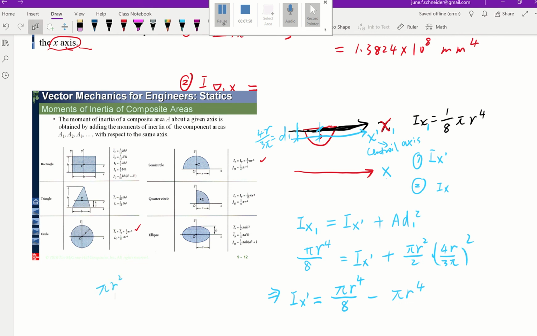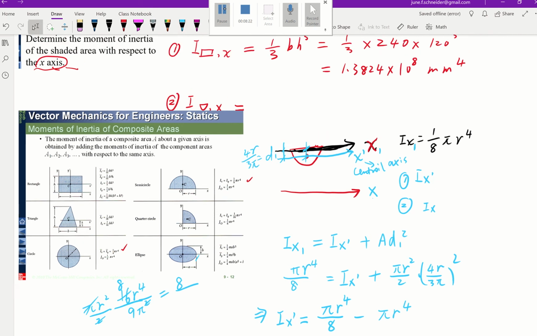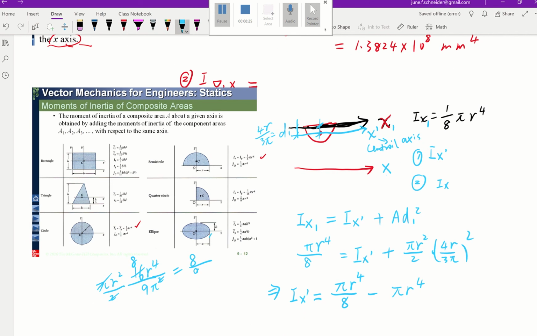So this is my πr² over 2, and here will be 16r to the 4th over 9π squared. Then π cancels out, then 2 cancels out, then we will have 8 over 9π times r to the power of... Oh no, that's not right.